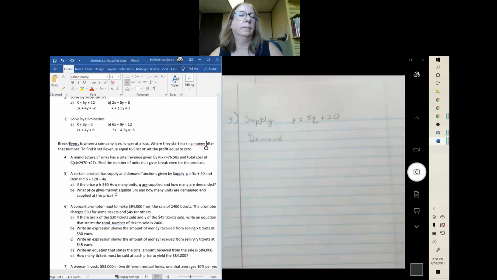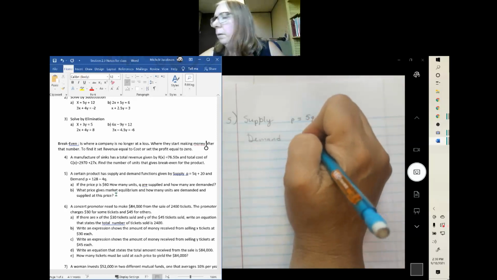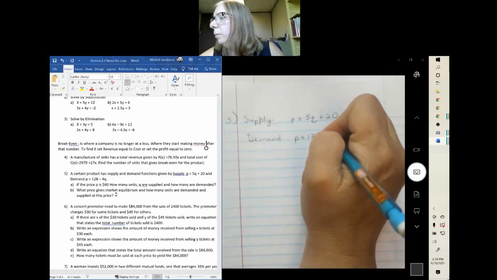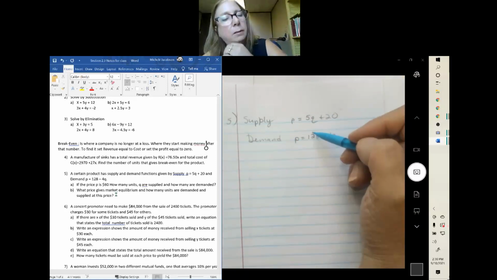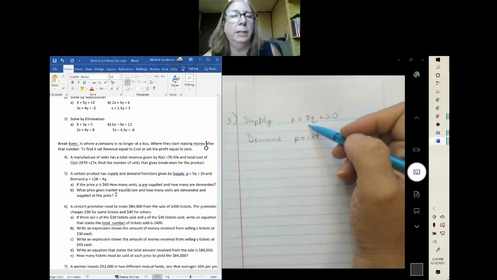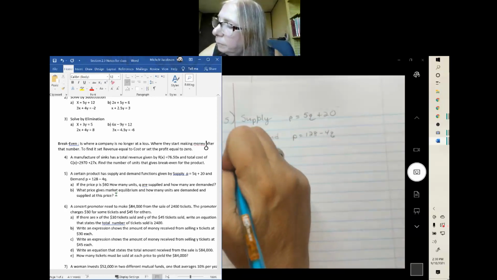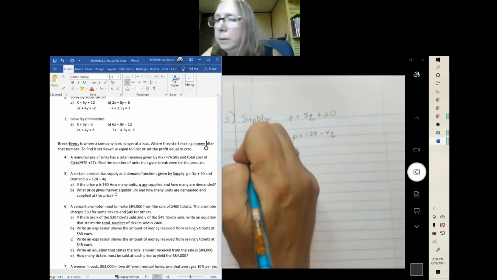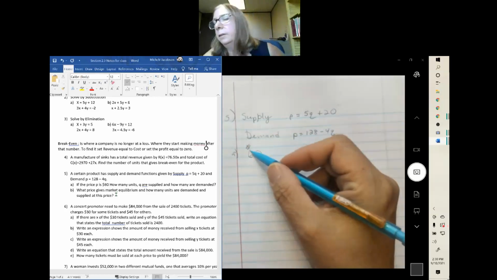Demand is P equals 128 minus 4Q. So this is our supply and this is our demand. If the price is 60, how many units are supplied and how many are demanded? Well, we know price is P, so we're plugging this in for price.